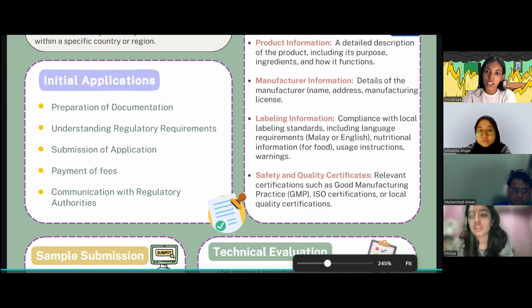Hence, this includes usage instructions, safety precautions, and also proper warnings for the consumers. Last but not least, safety and quality certificates provide relevant certificates such as good manufacturing practice, also known as GMP, and ISO certifications or local quality certifications, as well as safety and quality certification for the consumer and for the manufacturer as well. Pass it to the next presenter.